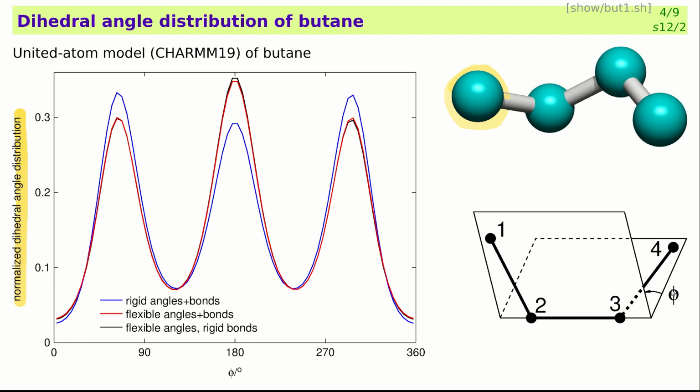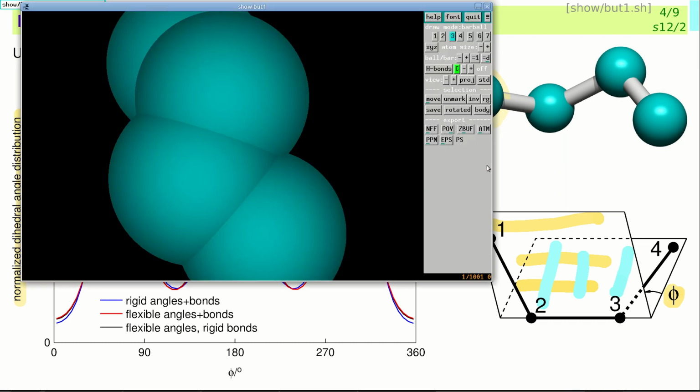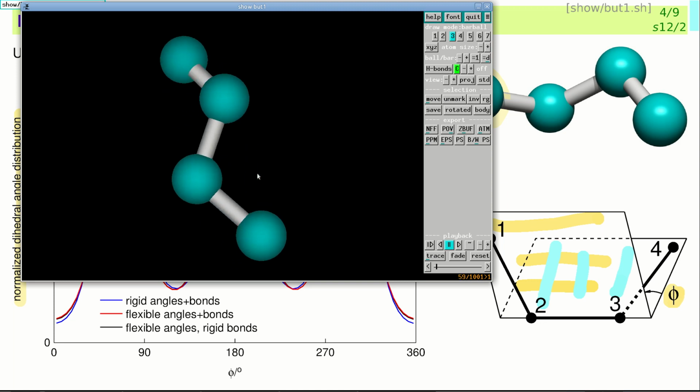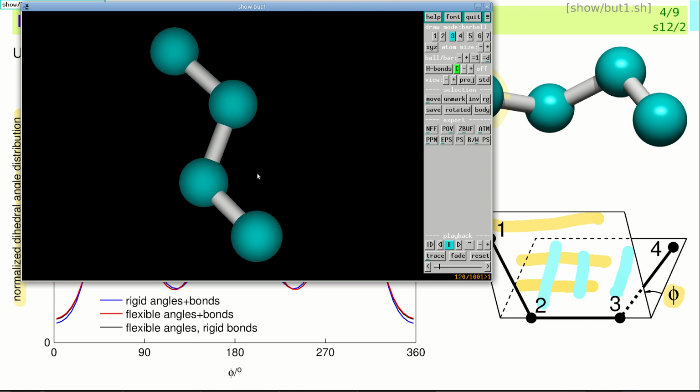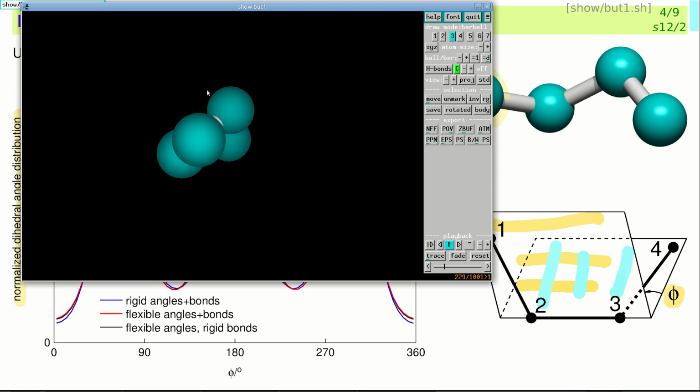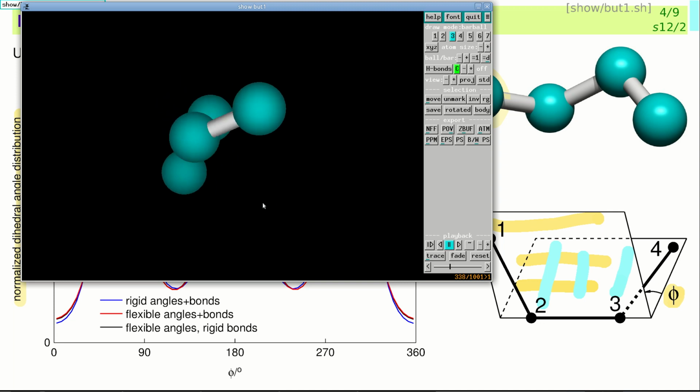The dihedral angle is the angle between these two planes. Okay, how such a simulation looks like. This is only one molecule.